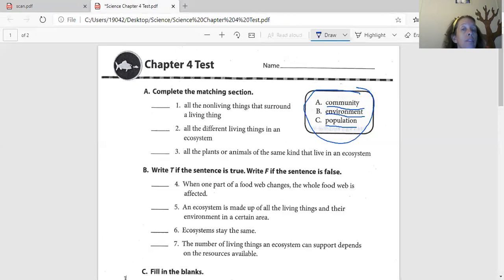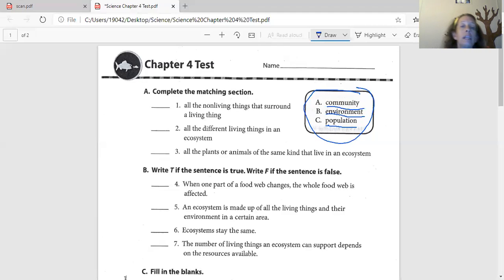All the non-living things that surround a living thing. And your choices are community, environment, and population. When you're finished with number 1, raise your hand. You finished with number 1, Rylan? No. Just write the letter, A, B, or C.